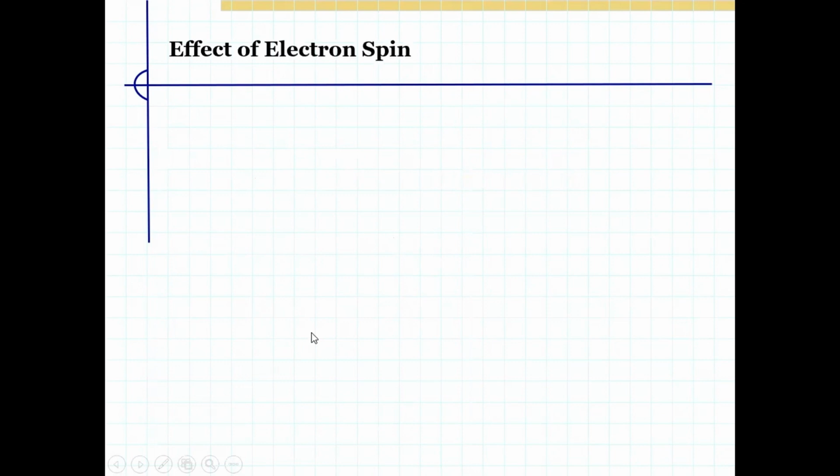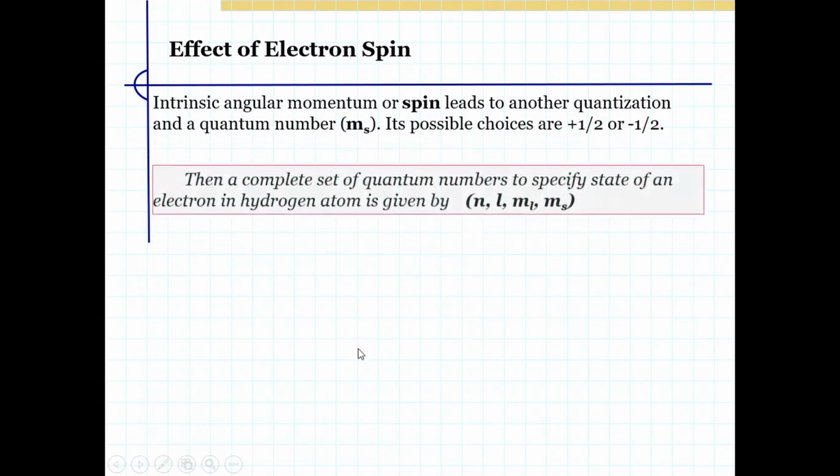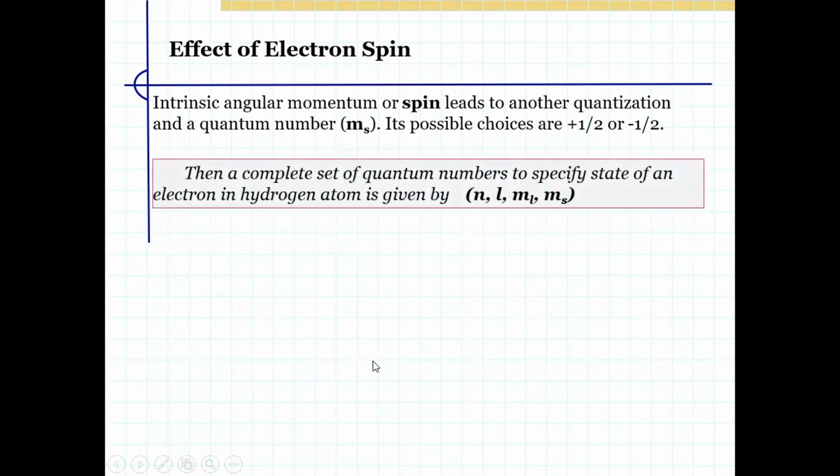Now, the effect of the electron spin is that we have the quantization of the spin, and the spin quantum number ms has 2 possible choices.